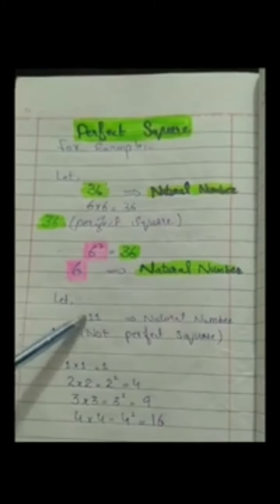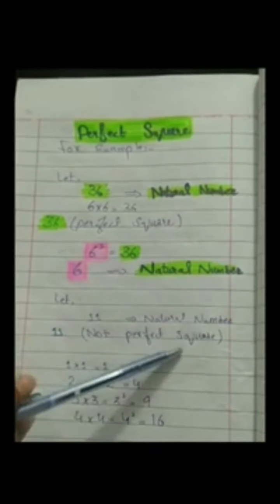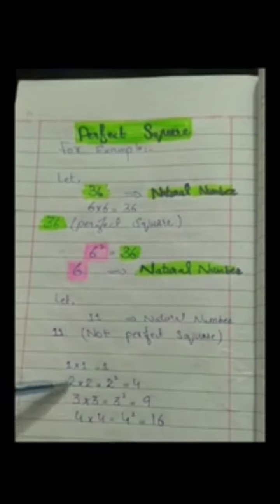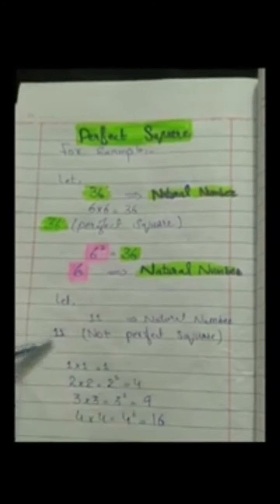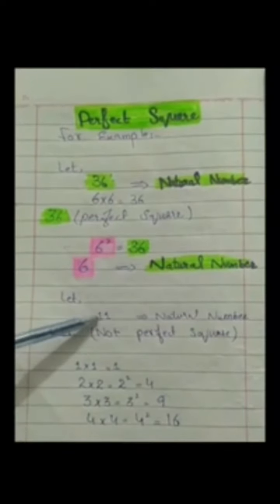Let's take another number, 11, which is a natural number but not a perfect square, because when we multiply 1 with 1, we get 1, 2 multiplied by 2 we get 4, 3 multiplied by 3 we get 9, 4 multiplied by 4 we get 16. So 11 is not in between 9 and 16. So 36 is a perfect square of 6, but 11 is not a perfect square of any number. So this is a perfect square and this is not a perfect square.